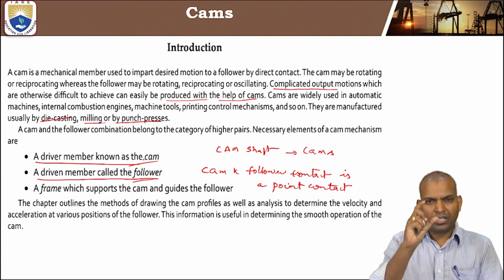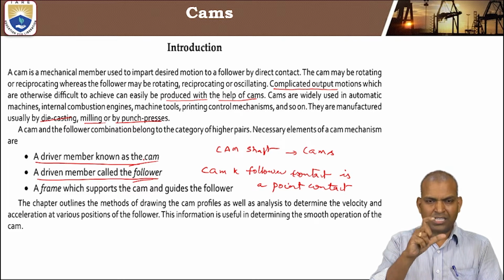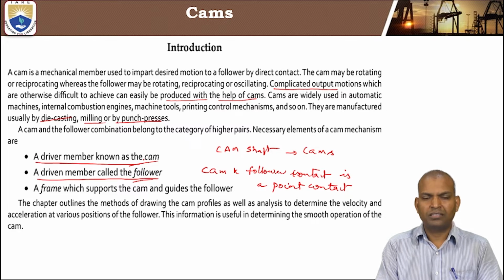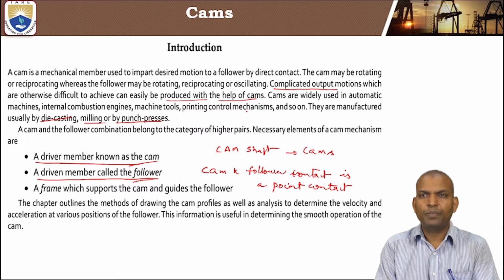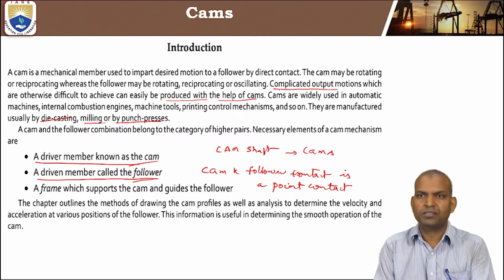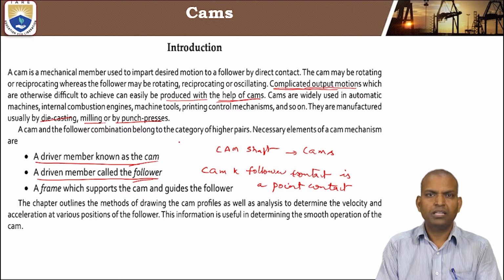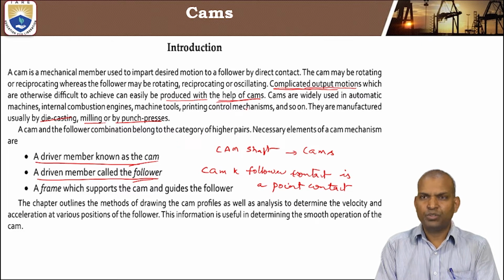The rocker mechanism is arranged in such a way that it is in touch with the cams. If you want to replace such types of motions, these cams will be used. Wherever complicated output motions are required, we can produce them with the help of cams.